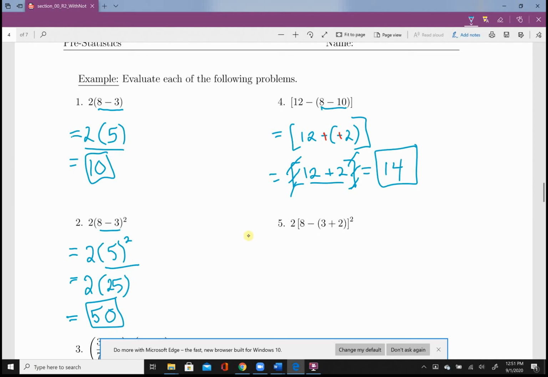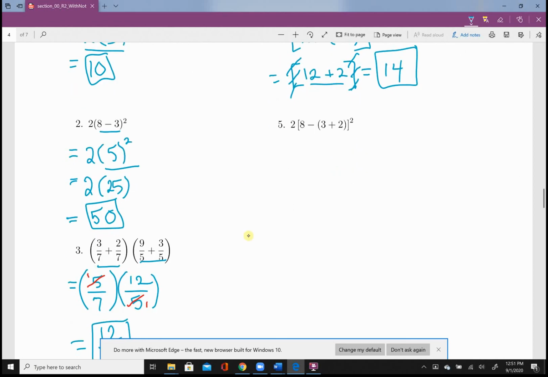Okay, last one in this set. Let's go for the innermost grouping. 3 plus 2 is going to yield 5. And we can drop the parentheses at that point. And it's still, though, all ultimately raised to the second power.